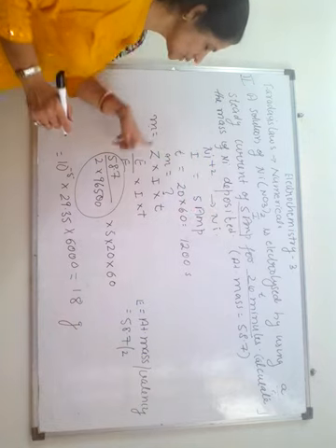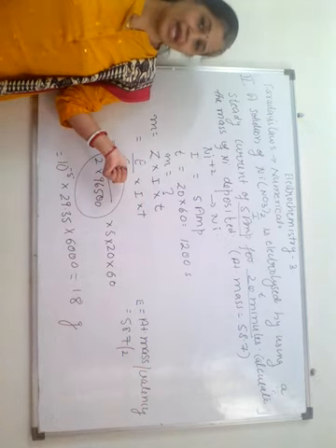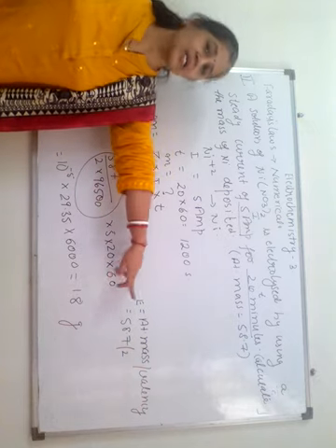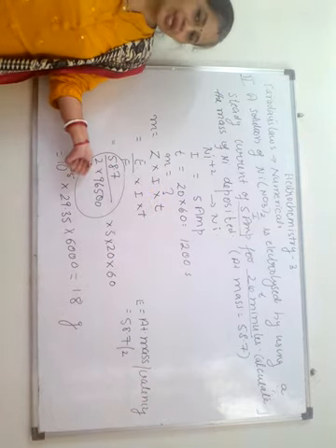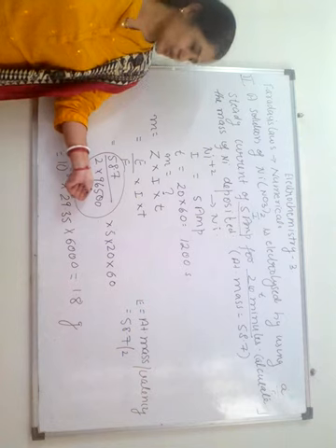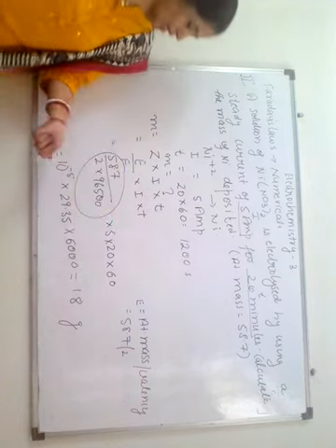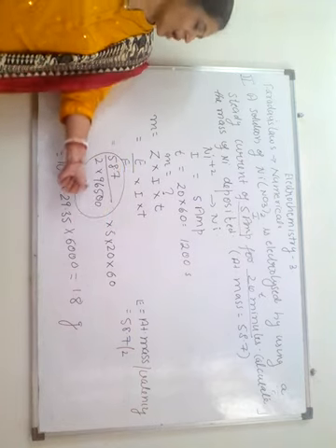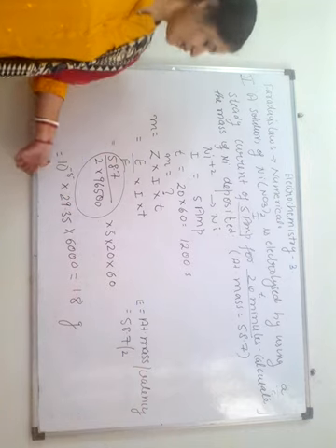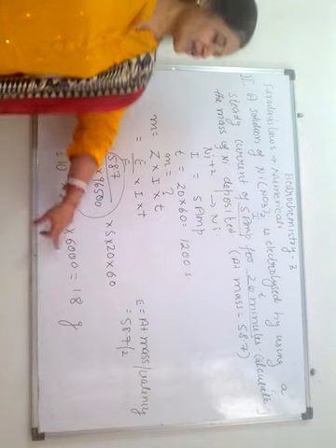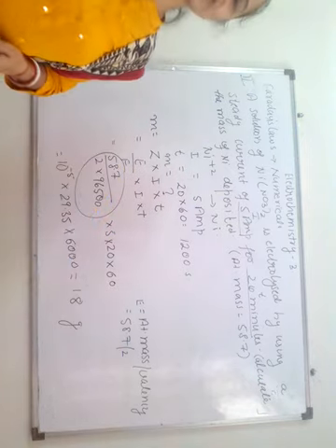So M is equal to Z into I into T. Z की जगह E upon F और E है atomic mass upon valency. So 58.7 upon 2 ये E हो गया. E upon 96500 into this. This is charge. Current into time is charge. 1 upon F, 1 upon 96500 is approximately 10 to the power minus 5 into 29.35 into 6000 makes it 1.8 grams. So that is second type of question.